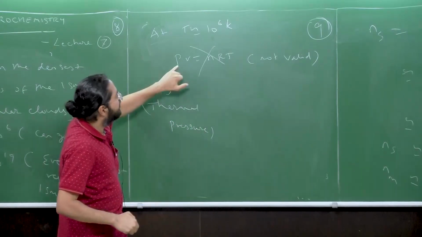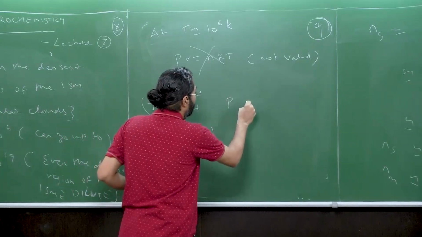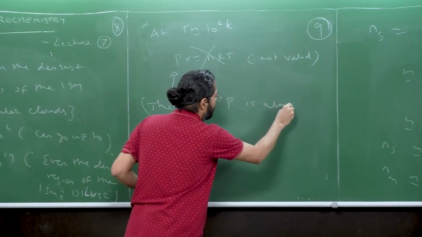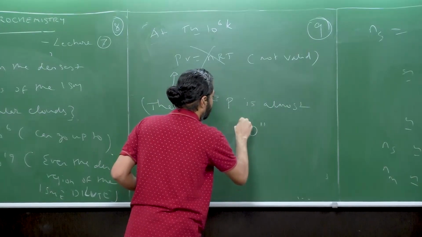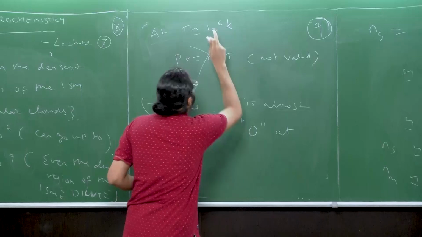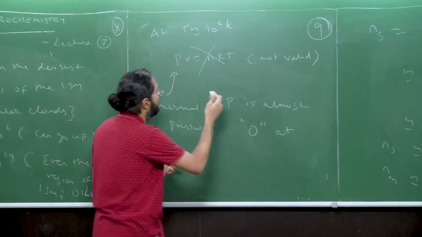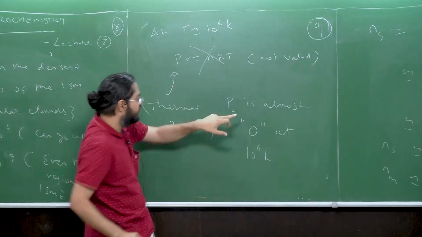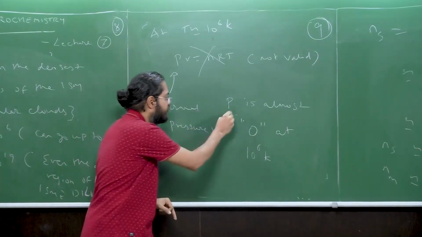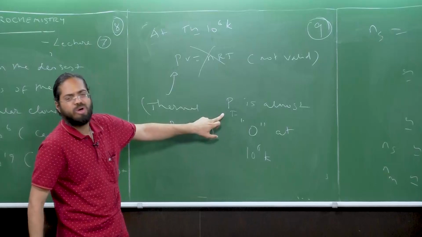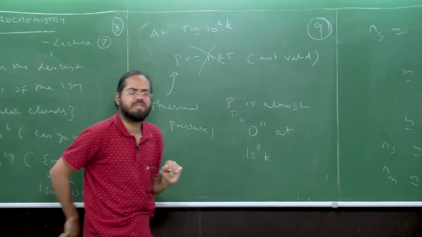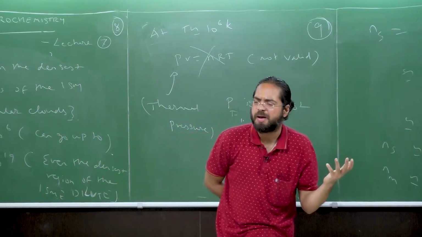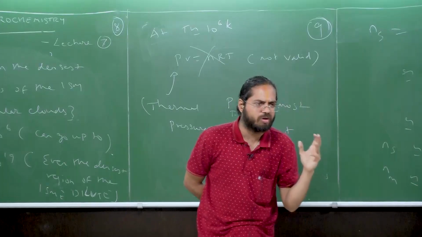But this thermal pressure, P, is almost zero at temperatures as high as 10 to the power 6 Kelvin. Okay, I'll make it clear. P thermal, P capital T, right? PT is almost zero.